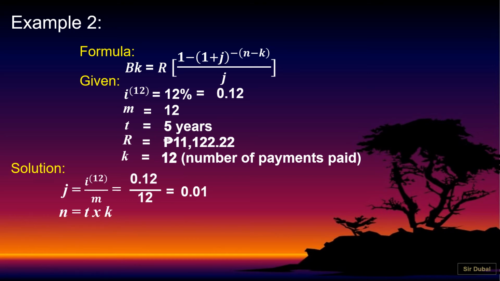Substituting its corresponding values, t, which is the time, that is 5, times 12, the number of payments per year, the result is equal to 60. We also have the symbol n minus k, which is 60 minus the number of payments paid, 12. The answer is 48.